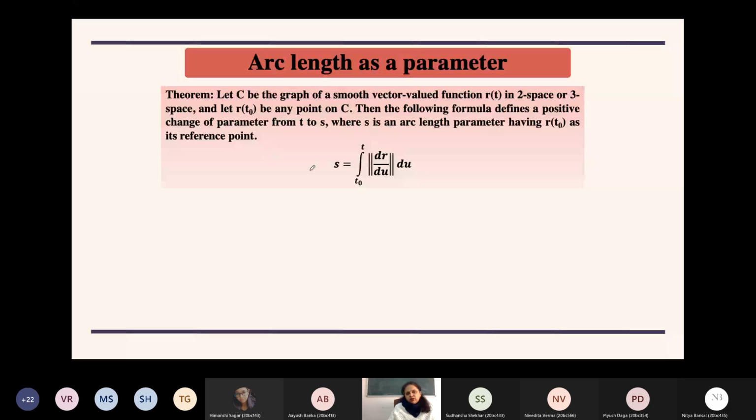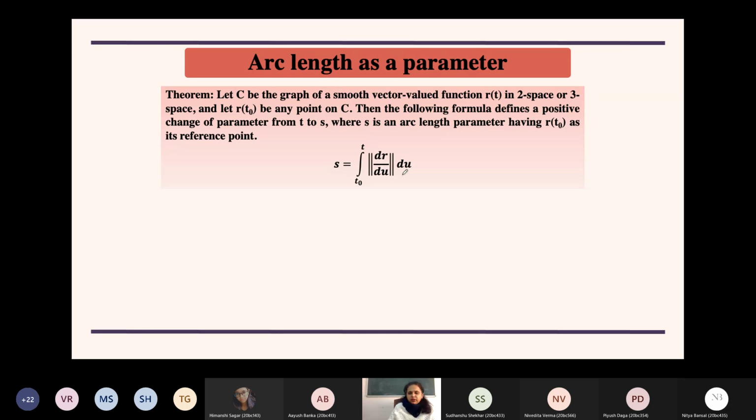On my curve, I will use r(t0) as my reference point, and for any given point, S will be my arc length from the reference point to that particular point. From t equals t0 to t equals t, whatever is the length of the arc, that is going to be the relation between S and T.